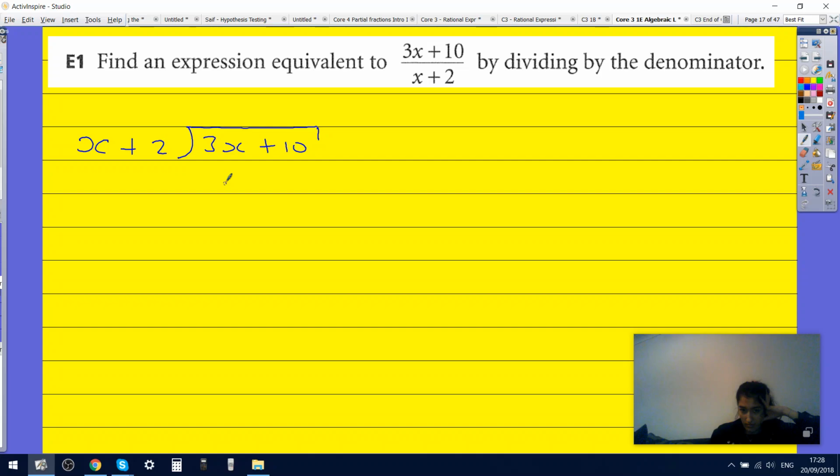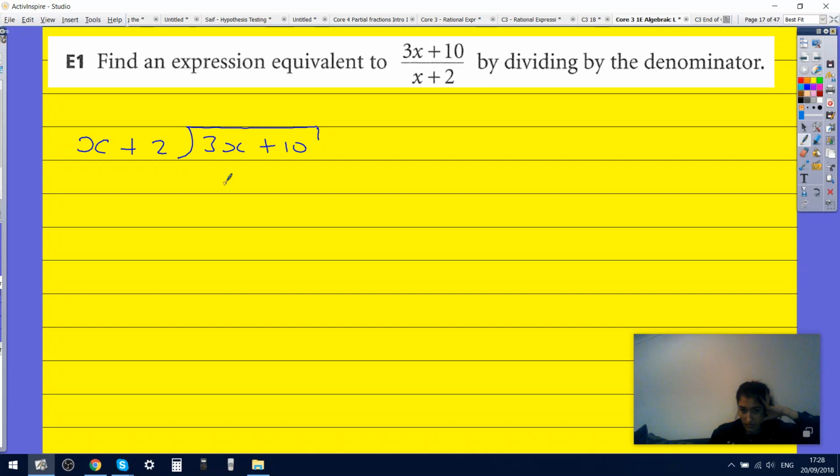And if I go back to this one, x plus 2 and x plus 6, that goes in once with a remainder of 4, 1 plus 4 over x plus 2, and we got that same thing. And so this is kind of where the long division comes from. The other way of doing this one, on the top, this 3x plus 10, you could have x plus 2, x plus 2, x plus 2.